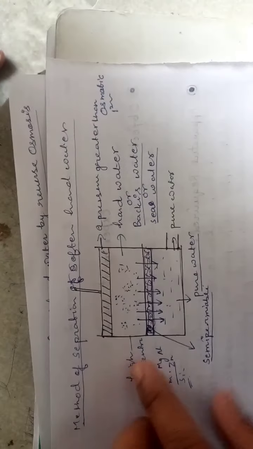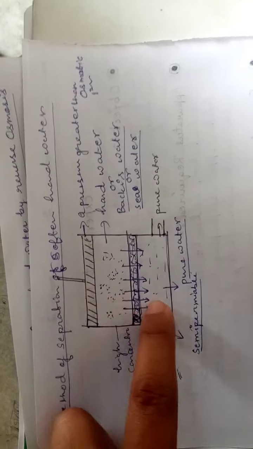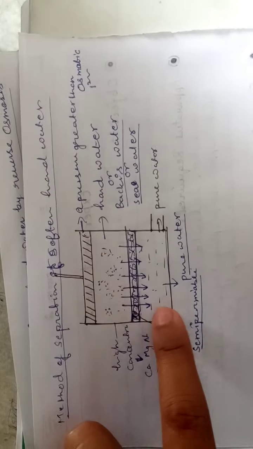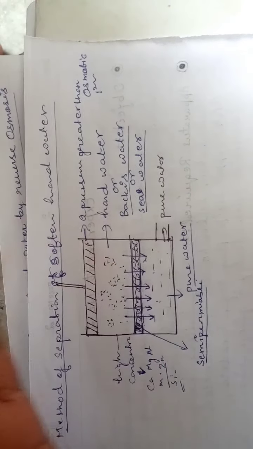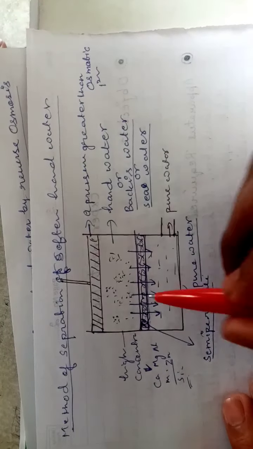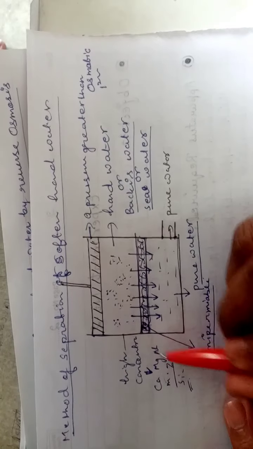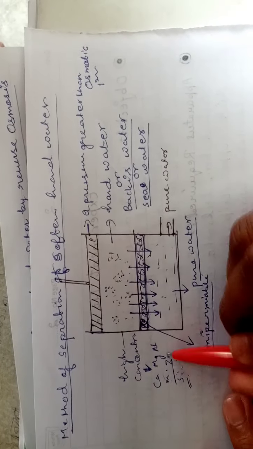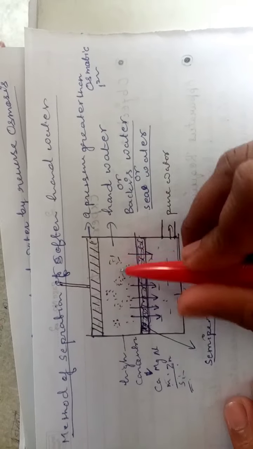It means the water present in brackish water and seawater starts to move from high concentration to low concentration. As we put pressure from the upside, these particles start to move from high concentration to low concentration. But the semi-permeable membrane opposes calcium, magnesium, aluminum, etc. present in it.